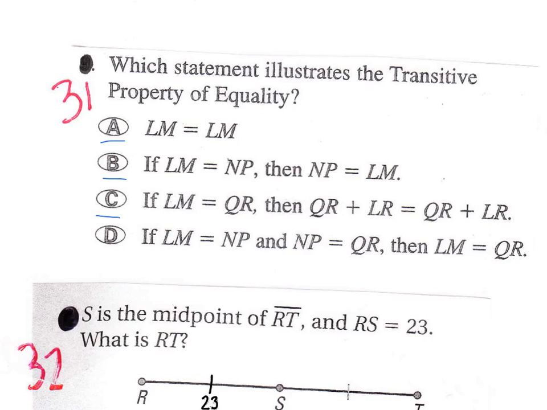Would it be C, if Lm equals Qr, then Qr plus Lr equals Qr plus Lr? Have we ever talked about that one? Or is it D, if Lm is equal to Np and Np is equal to Qr, then Lm is equal to Qr? Okay, take a moment, think about that. Hit pause if you need to.